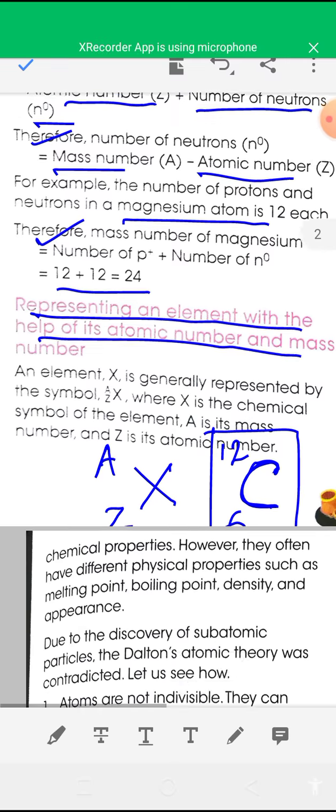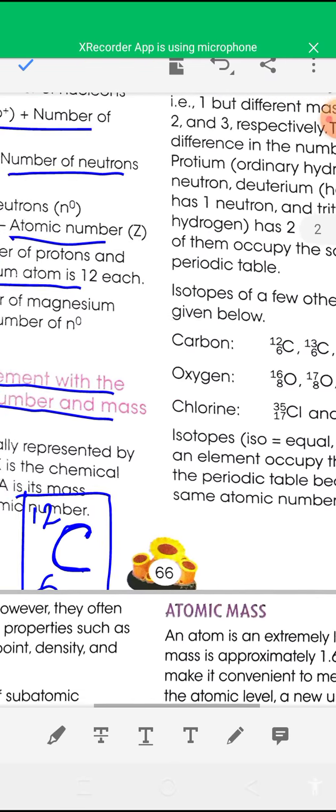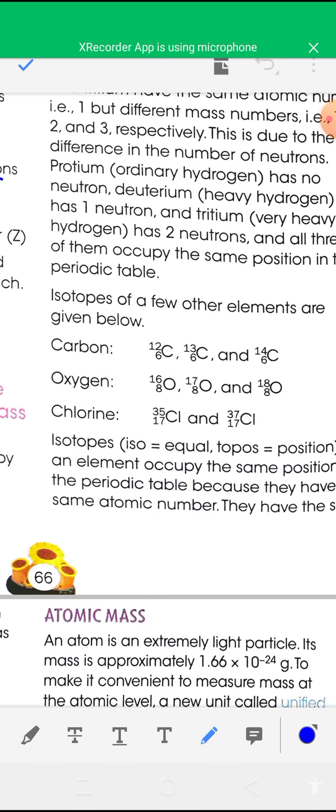Okay, similarly for hydrogen, the symbol of hydrogen is H, and in a hydrogen atom only one proton is present in the nucleus. And in simple hydrogen there are no neutron particles present in the nucleus.